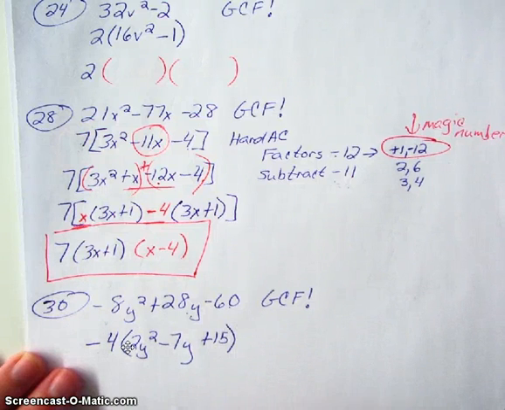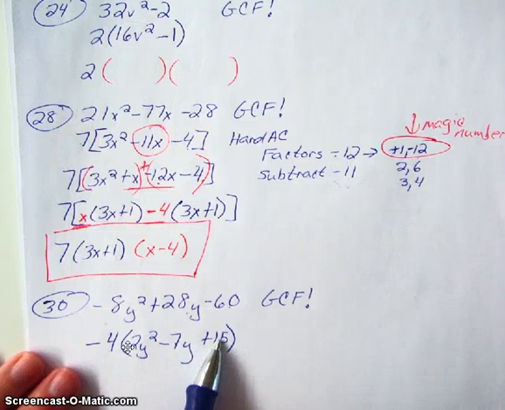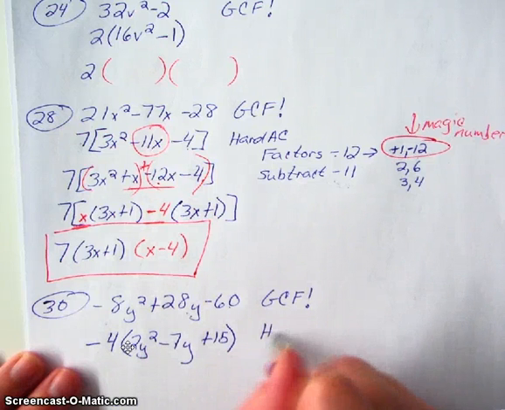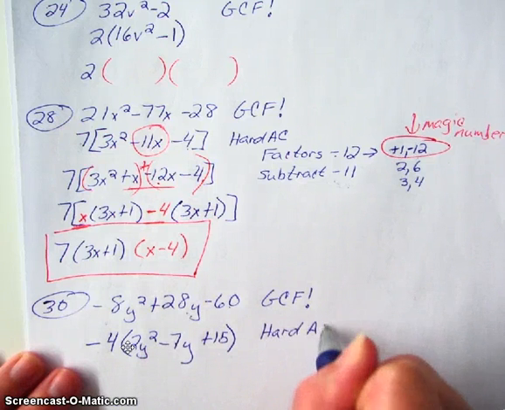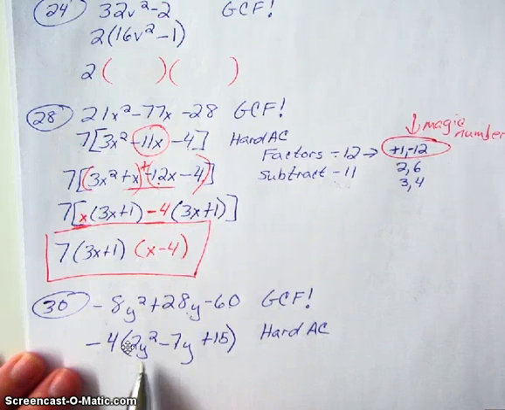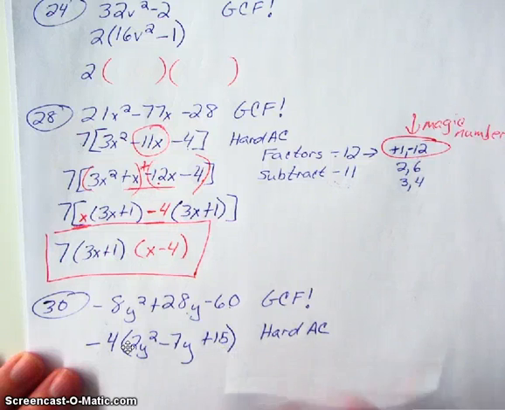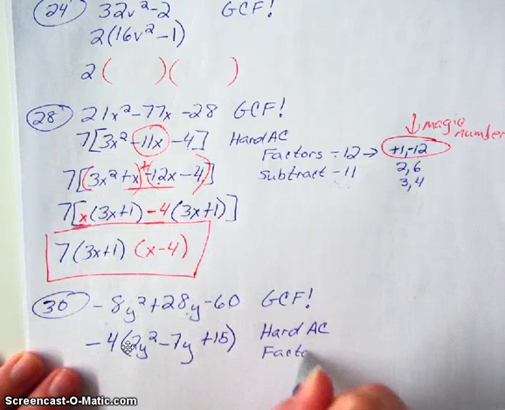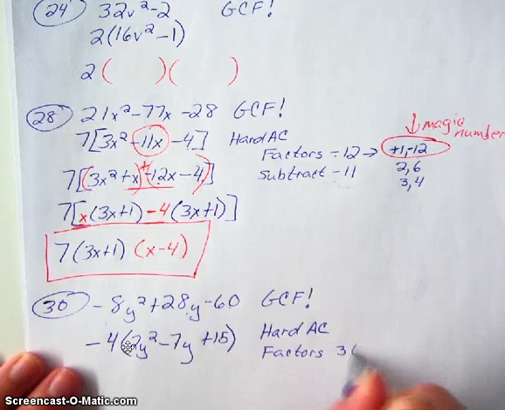Okay? Now inside the parentheses, there's 1, 2, 3 terms, and the leading coefficient is not 1, so this is going to be hard AC. Okay. So I'm going to multiply first times last, A times C gives me 30. Okay. Factors of 30.